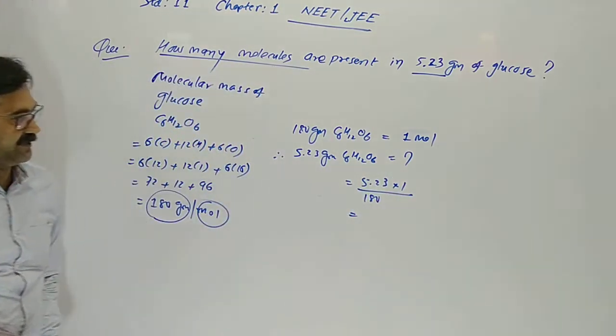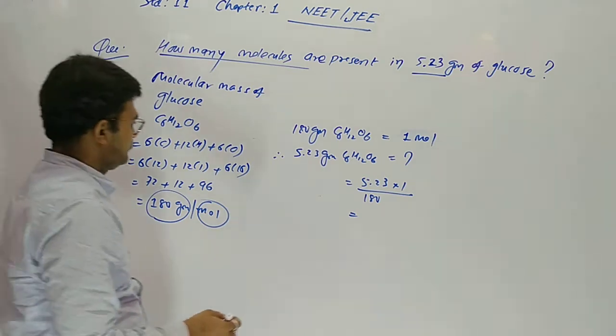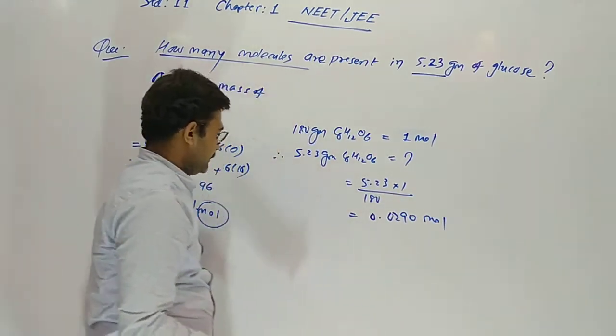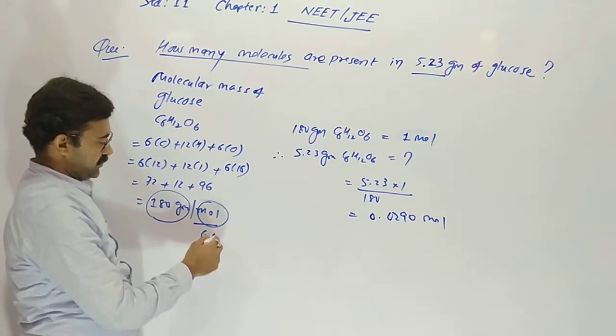So 5.23 divided by 180, which is 0.029 mole. Otherwise I am giving you a trick. 180 gram means 1 mole.